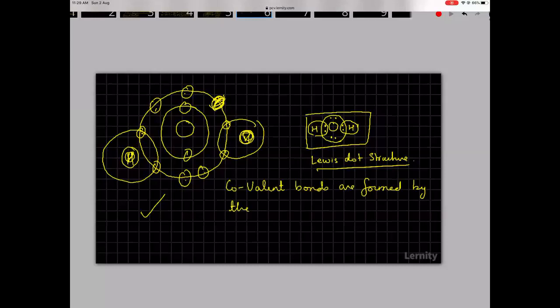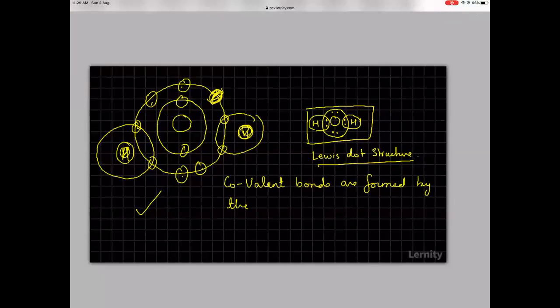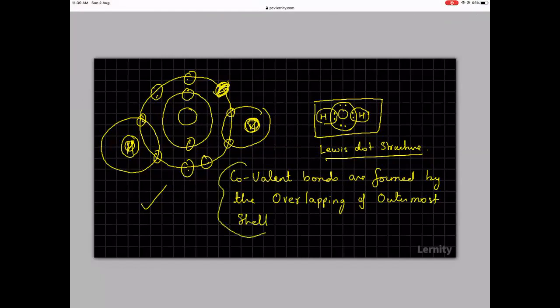If my handwriting is bad, I'm dictating. Okay, so that is how the covalent bonds are formed. So these are called covalent compounds. So water is a covalent compound.